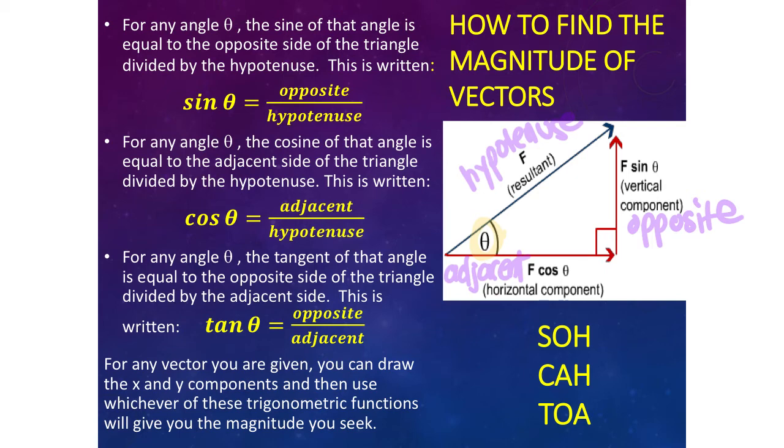It's very important. You are going to need to memorize these, okay? You just do. And we have this kind of cute little way of remembering it, SOHCAHTOA, where you would have sine being the opposite over the hypotenuse, cosine being the adjacent divided by the hypotenuse, and tangent being the opposite divided by the adjacent.